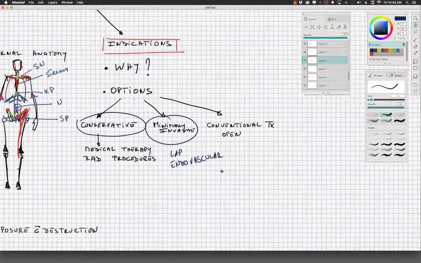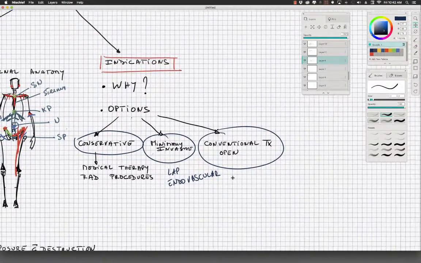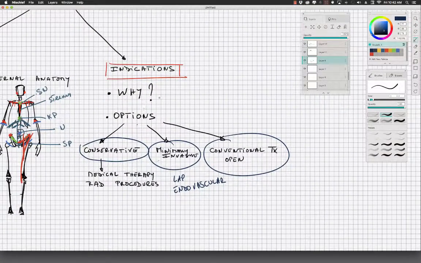And finally, conventional therapy, or what we call open procedure. So we'll have some understanding of why we're doing this procedure on this patient, and what could be the potential options, if any, for the patient.